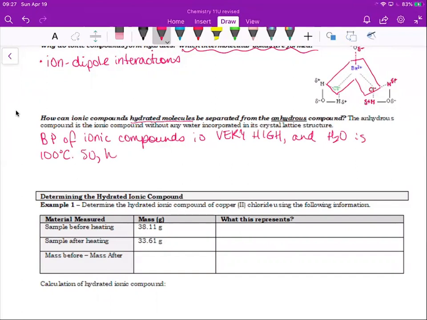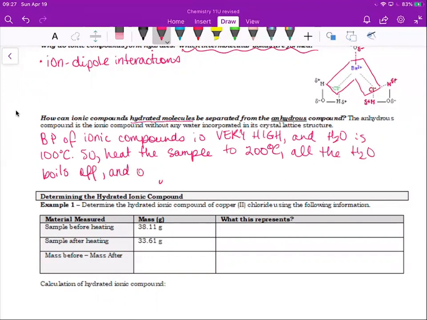So we heat the sample to say 200 degrees Celsius. All the water boils off, and only the ionic compound is left.